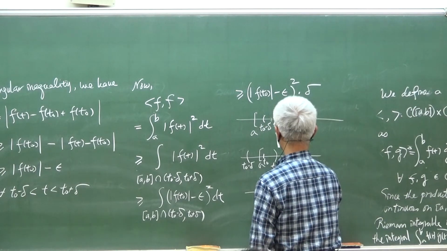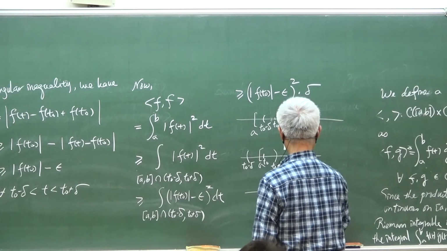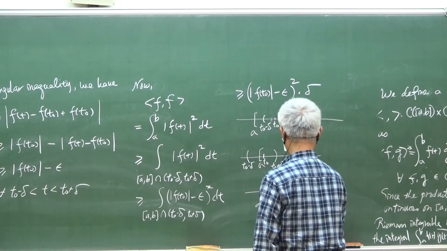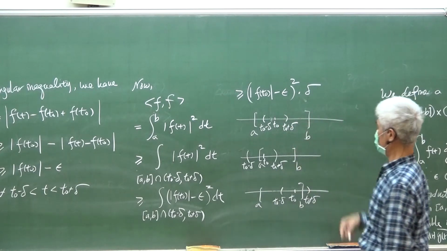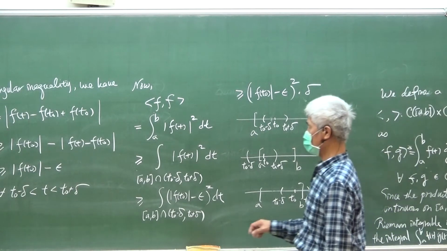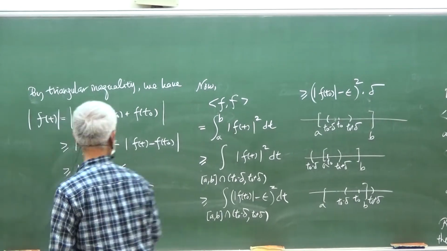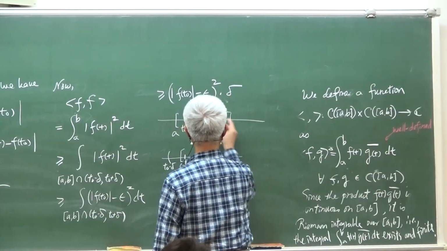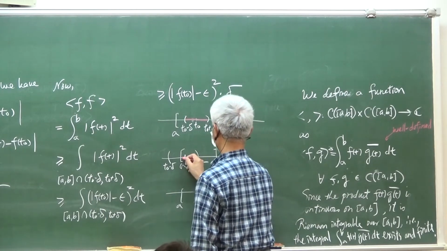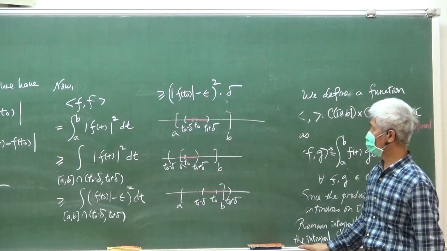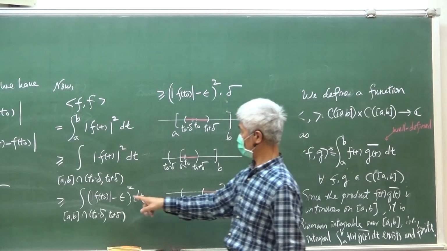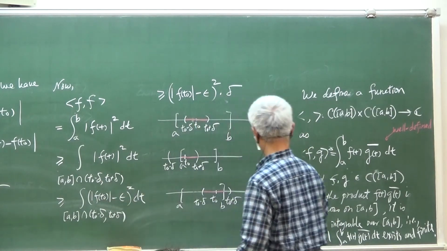Or you may have another arrangement. So you have three situations. Alright, and at least the length is, so the whole part is in here, and you have this one. So the length has a lower bound, which is delta. And the integral is constant. Alright, so you have that.